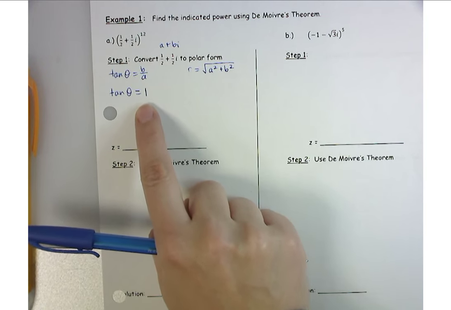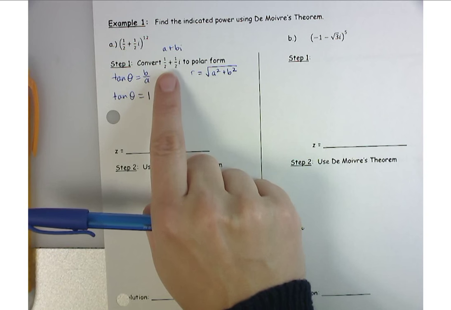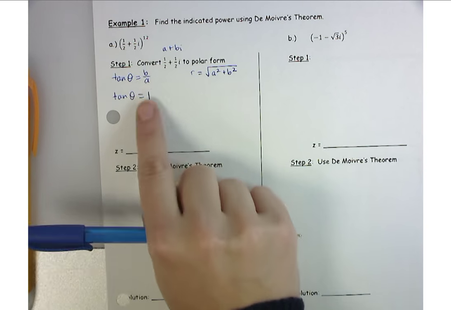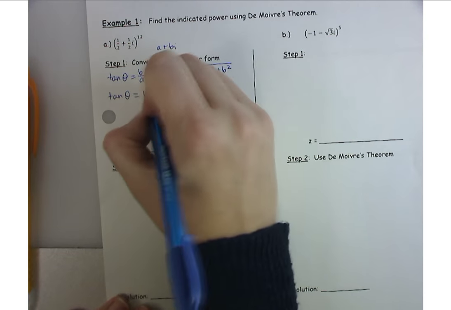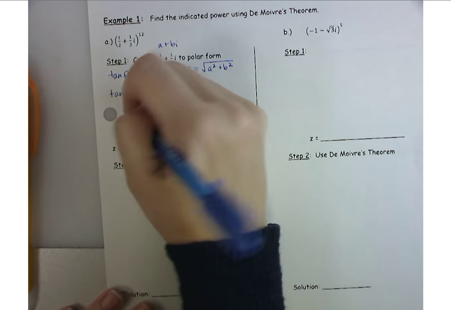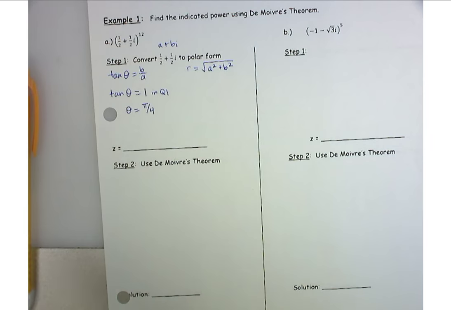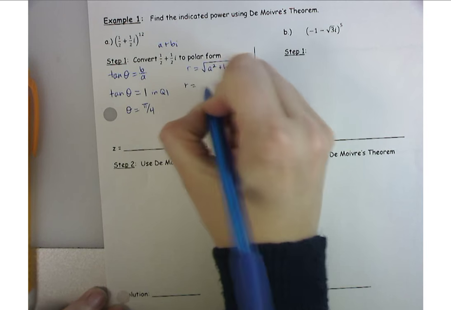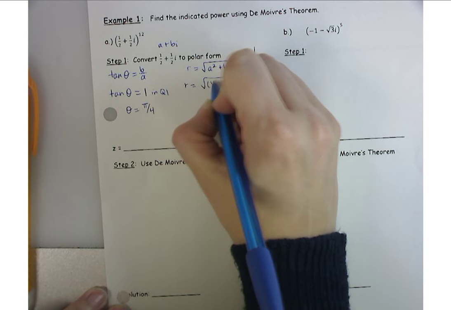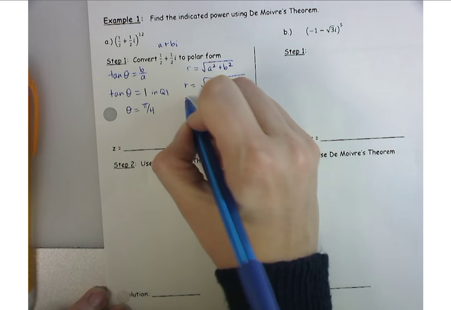And then you have to find where the tangent is 1, but in the same quadrant as your point here. So if it's positive, positive, we have to find this in what quadrant? In quadrant 1. Okay, so in quadrant 1, we know that theta is going to be pi over 4. Now for r, if we do 1/2 squared plus 1/2 squared, 1/2 squared is just what? 1/4.